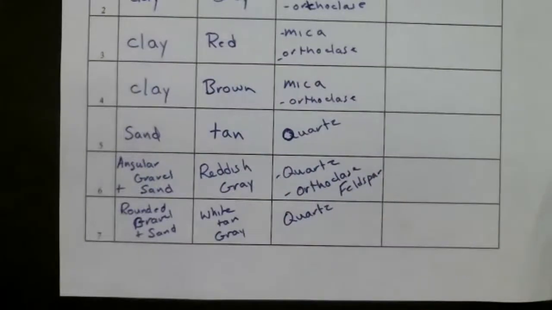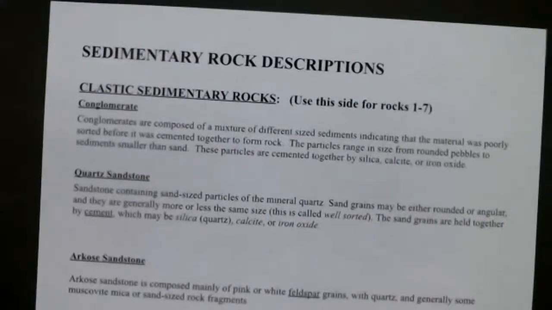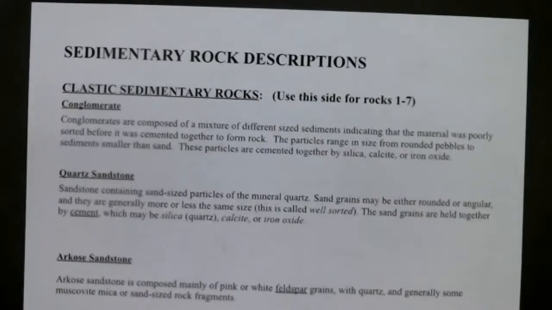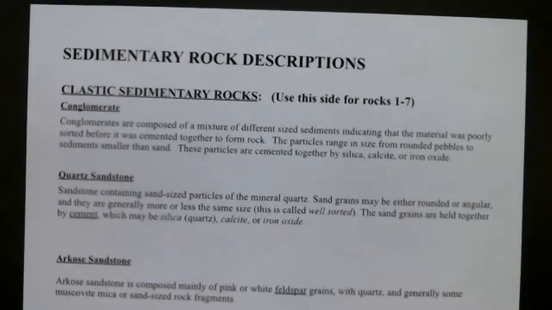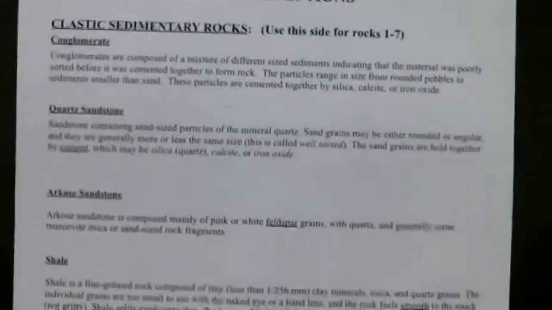And now it's time to identify those rocks. So the next paper you need is this one, your descriptions. If you're in my room, you have a paper copy of this. If you are only online, you have a virtual copy of this. You're welcome to use whichever one you want, those of you in the room. All right, so use this for rocks 1 through 7, so this side.